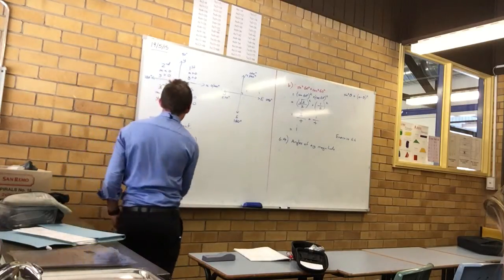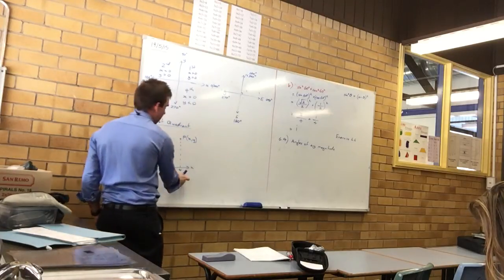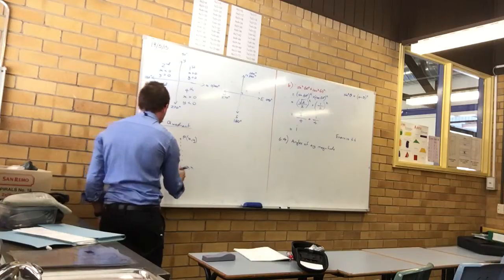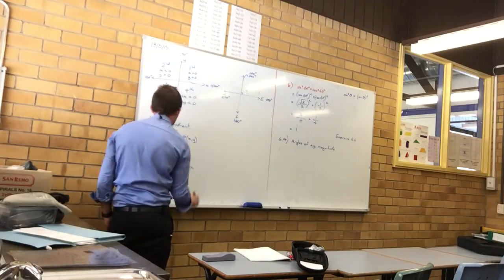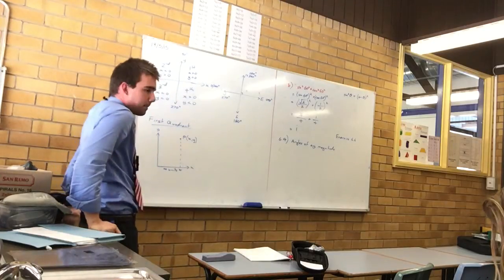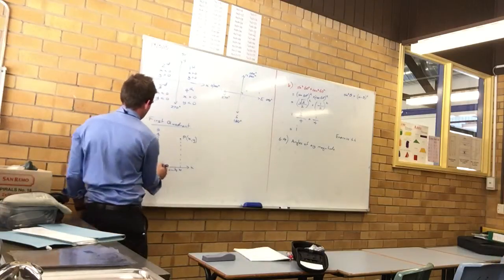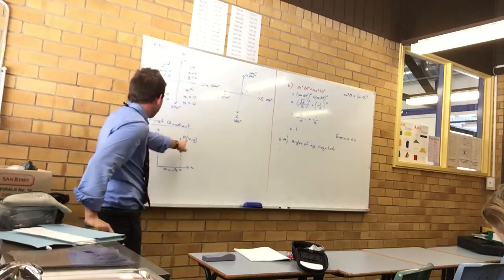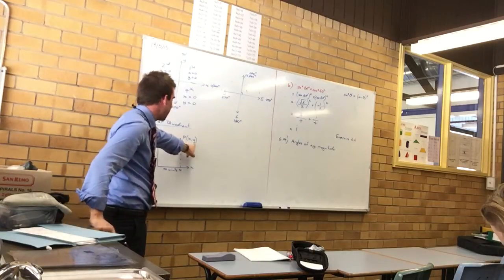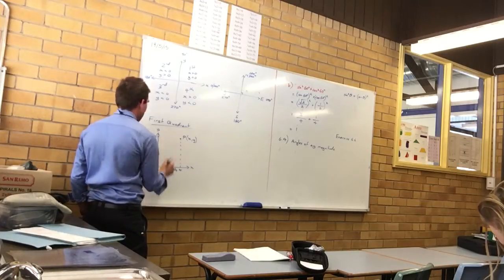Out from the origin we've got a positive x value, so the distance will be x units. Up here we've got some value y to meet that point, so from the origin up to that point the distance is y units.